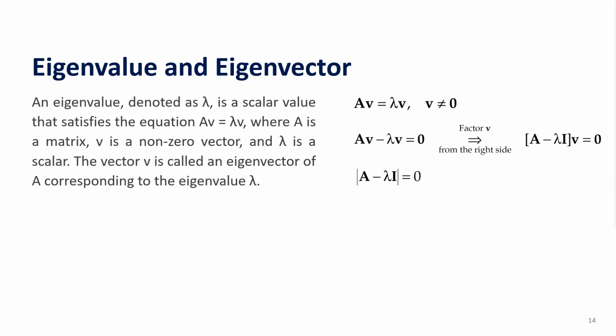Here, A multiplied by v equals lambda multiplied by v. Lambda represents the eigenvalue, and v represents the eigenvector.